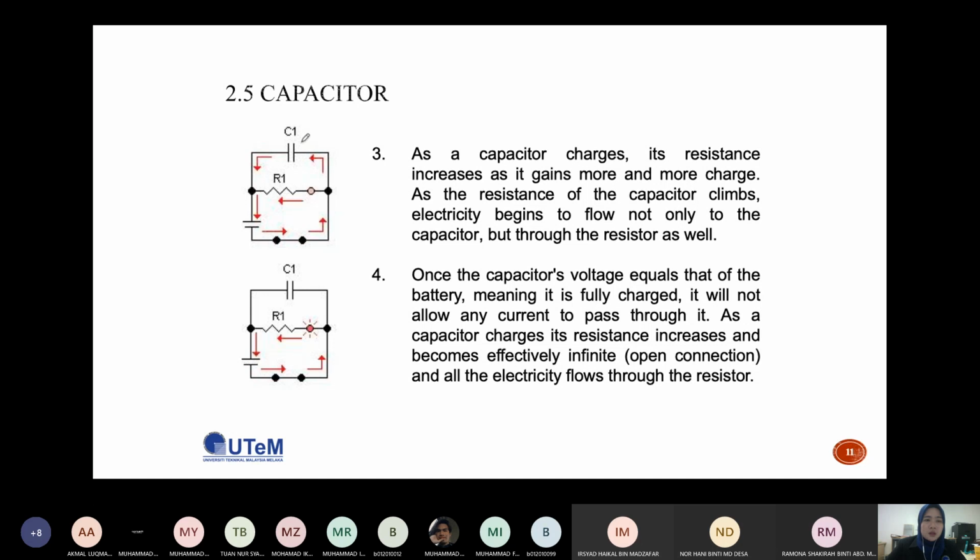When the capacitor is fully charged, the resistance of the capacitor will become high. So when the resistance of the capacitor becomes high, you look here, the current now also flows to the resistor.